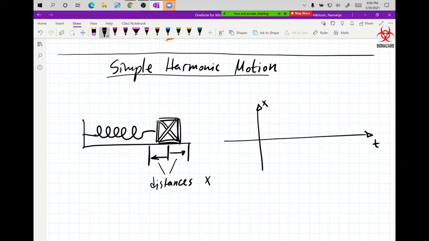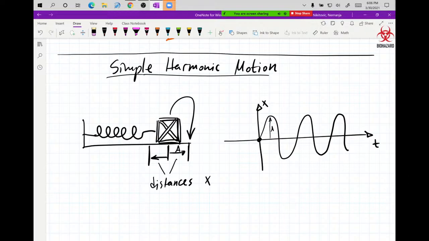Now, if this is a sine wave, then it would look like this. We know the graph of the sine. Now, what is this? Well, it shows you the amplitude A, which is the furthest the block actually goes. But remember, the block doesn't teleport from this location to that location. It goes through all other lengths between 0 and the maximum A over here. It goes through all possible lengths.